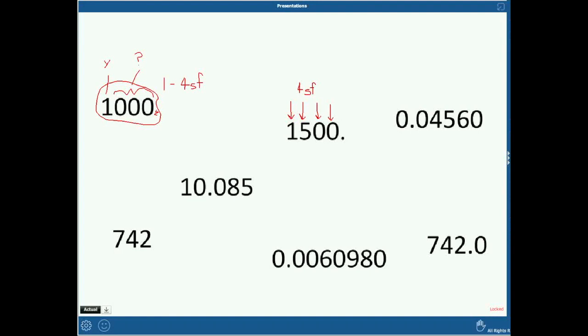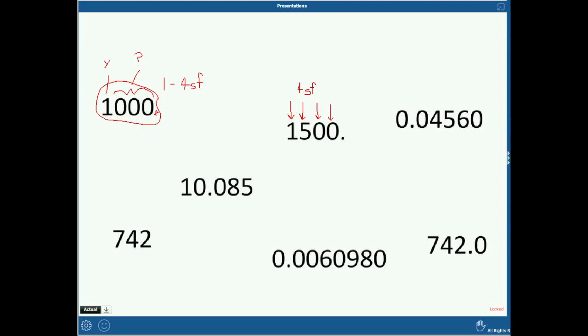Does that make sense, how with the 1,000 with no decimal point and the 1,500, we know exactly how many sig figs we have with the 1,500, but not with the 1,000? If you have a decimal place, these zeros are definitely significant.